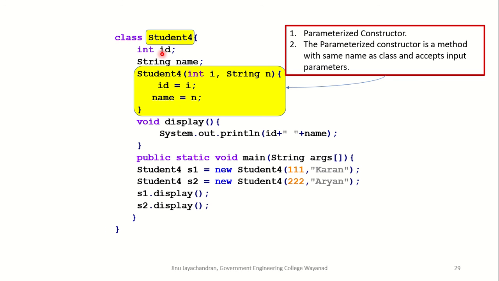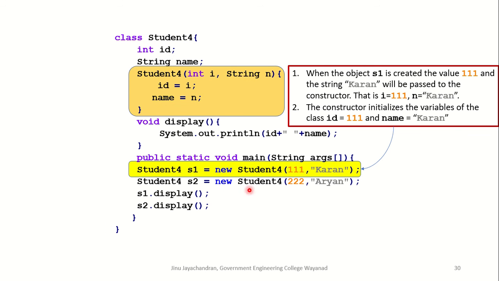Now when does this initialization happen? When you execute this statement, when you say new Student4 of 111 comma current, the value 111 will be passed to i and current will be passed to n, which initializes id and name. So the object s1 will have a variable id with value 111 and variable name with string current.